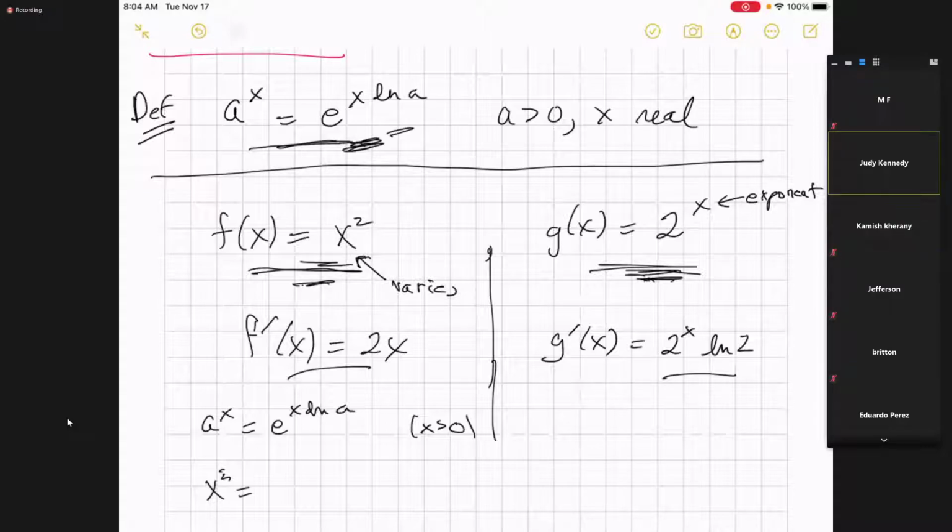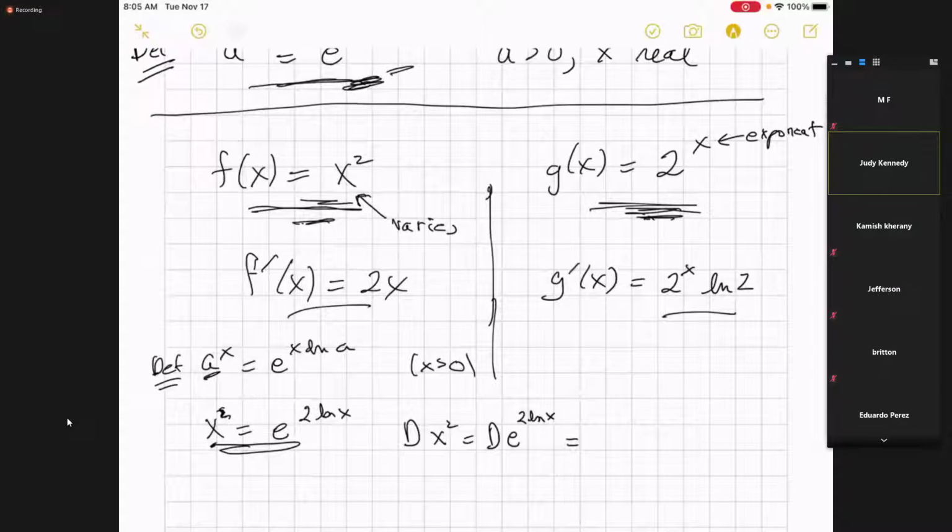Okay, x squared, well, here the base is x. And so it's going to be e to the 2 ln of x. This is the definition. And as long as I assume x is greater than 0, I can apply that to x squared. So the derivative of x squared is the derivative of e to the 2 ln of x.